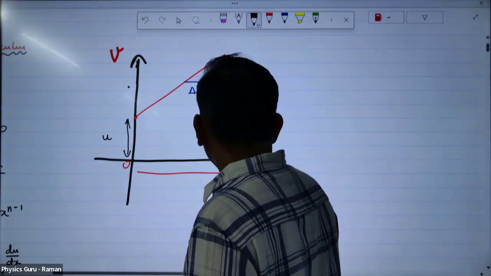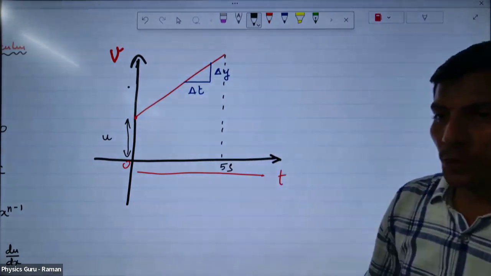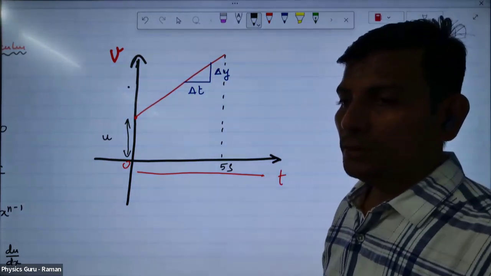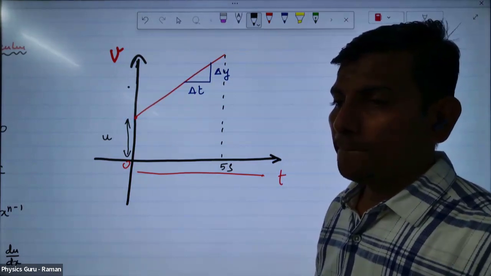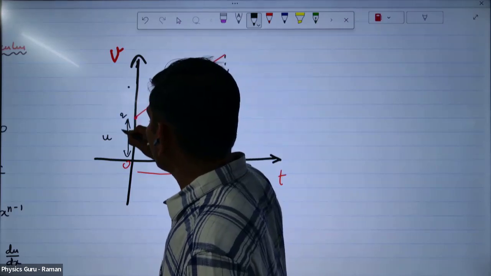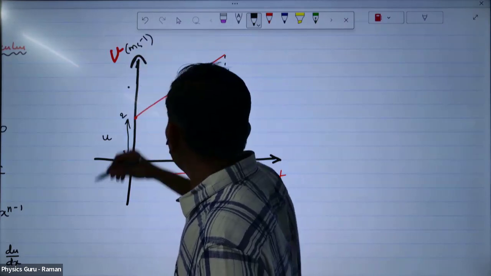This point is going to be 5 seconds. Noted? And this point is going to be 2 meter per second.